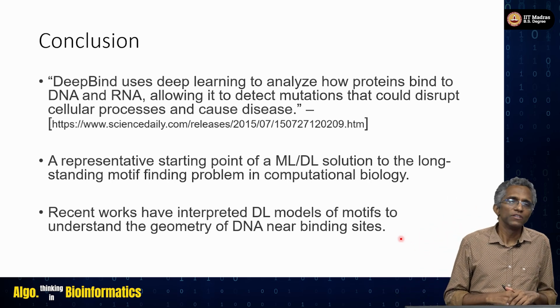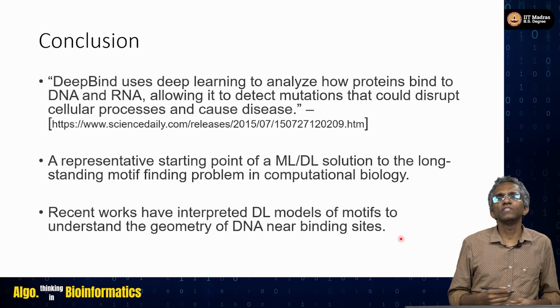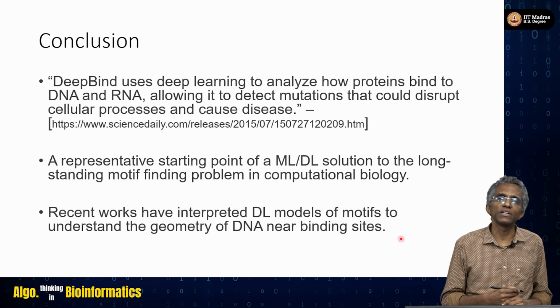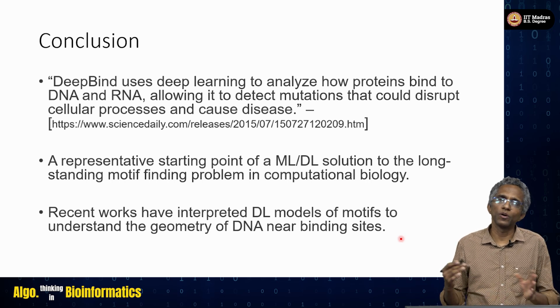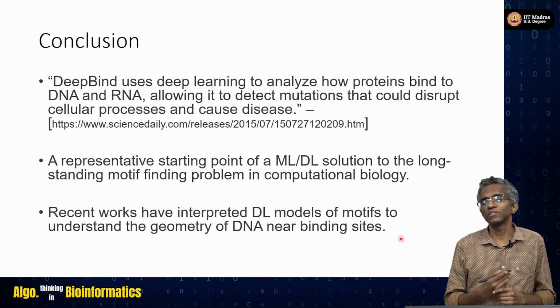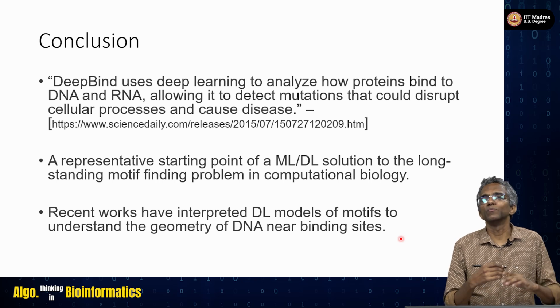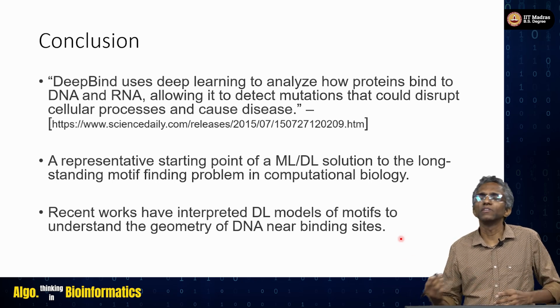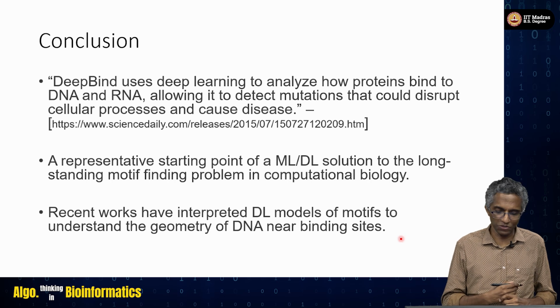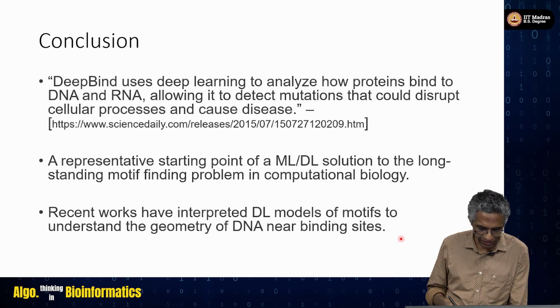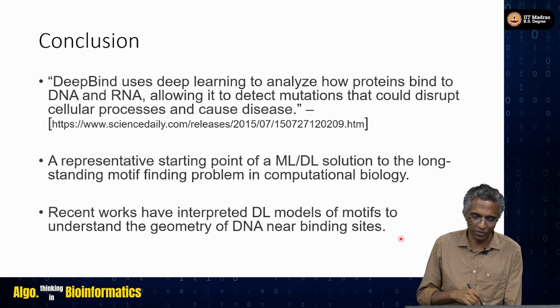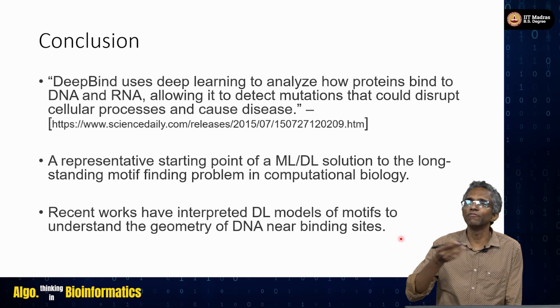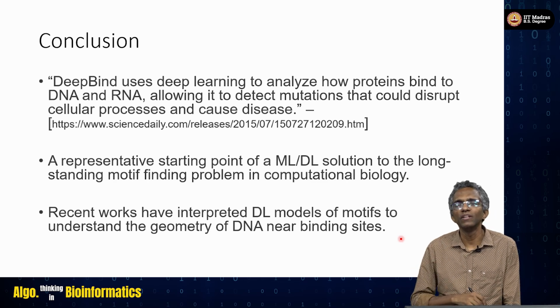So, not only understanding the effect of disease causing mutations, but you can also look at the information about the geometry of the helical structure of the DNA in the motif binding regions versus those that are not near the motif binding regions. So, the geometry of the DNA near the binding sites can also be informed by these deep learning models. The field is very vast for you to explore, so if you find it interesting, you should definitely take a look at those papers.